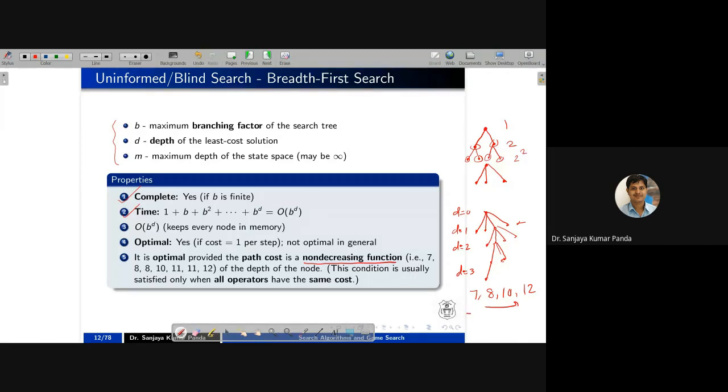But when you go for 7, 8, 8, 10, 11, 11, 12, they are not in increasing order; rather, you can say it is a non-decreasing order. So if this is a non-decreasing function, then it is optimal. Because sometimes the costs do not follow that non-decreasing function, and in that case, the search is not optimal.